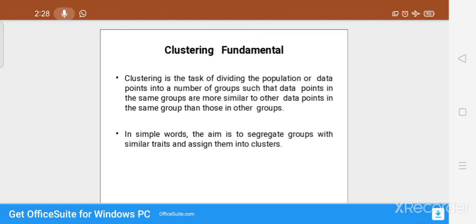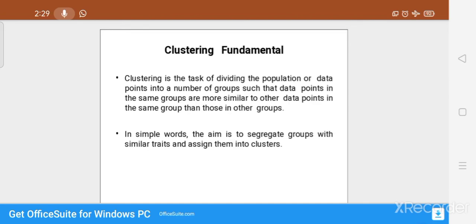So see here what we are doing. Depending on the similarities between the data points, we are grouping them into clusters. Similar data points come into one cluster, and another similarity comes into the next cluster. Likewise, we construct clusters or groups, and that group we call a cluster.